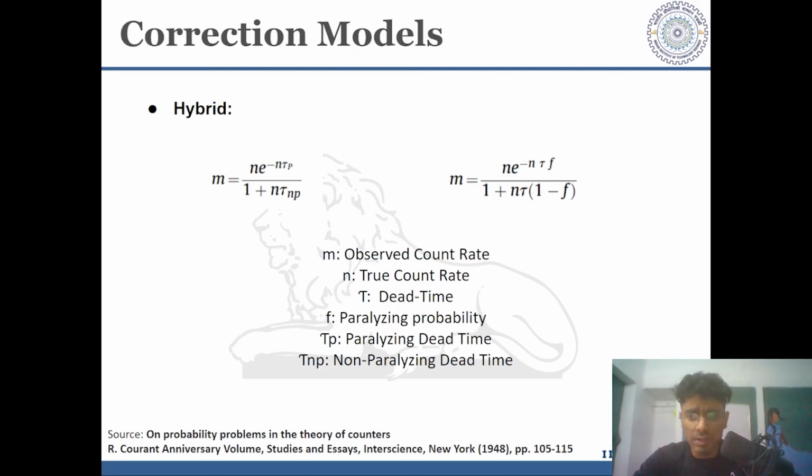But it is important to emphasize that no detector in reality follows either of these two correction models, but they fall in between these two models. For example, these were the two hybrid models developed which gave more than 95% accuracy.